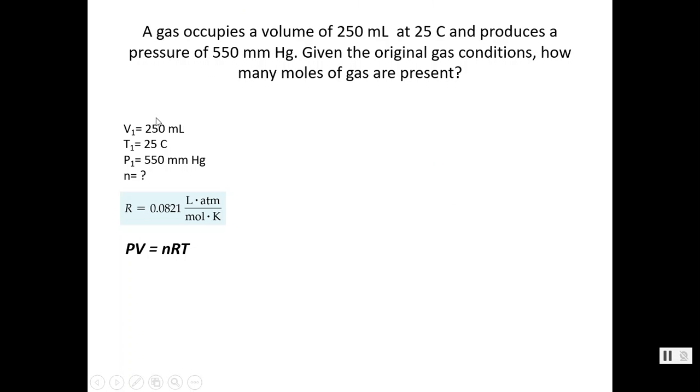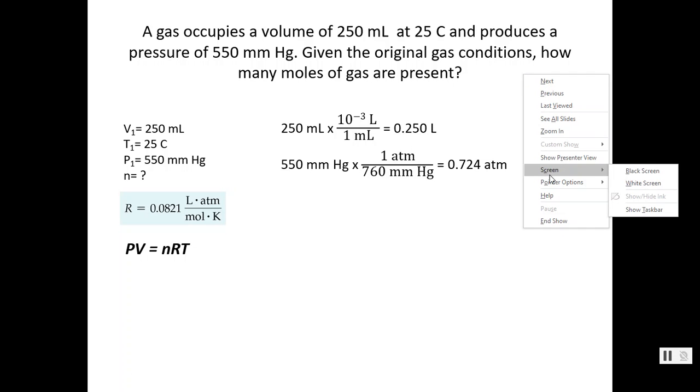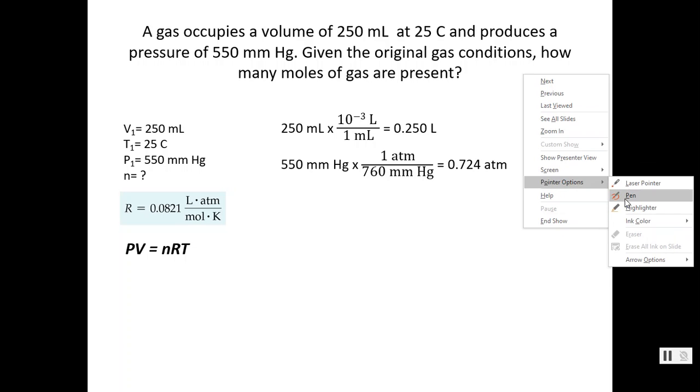So here's the problem. Before we start plugging in values to PV equals nRT, we're going to have to convert some of these values. Specifically, we're going to have to take our volume and convert it to liters. We're going to have to take our pressure, which was given in millimeters of mercury, and convert it to atmospheres. So we convert it to atmospheres using that conversion factor: 760 millimeters of mercury is 1 atmosphere.